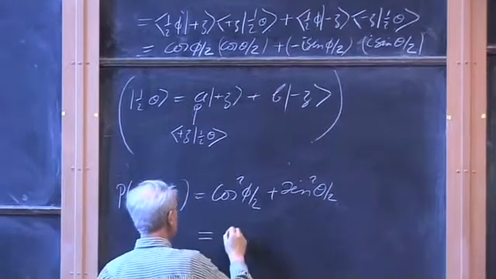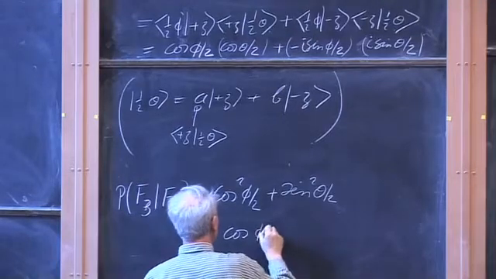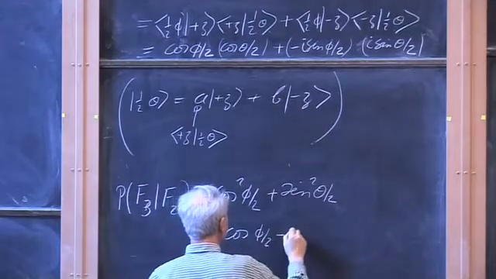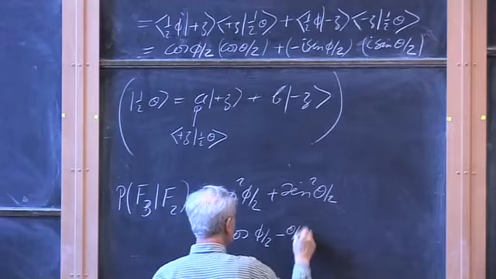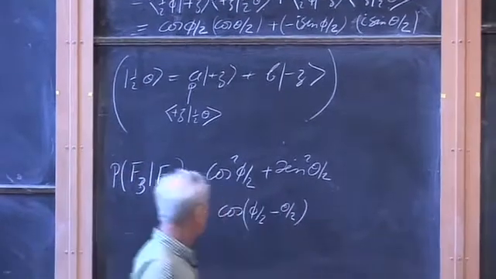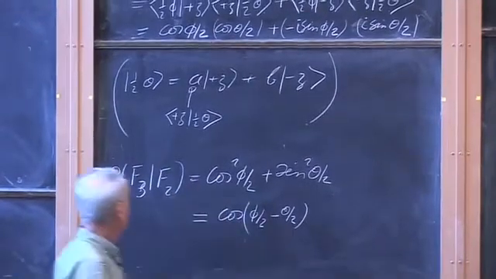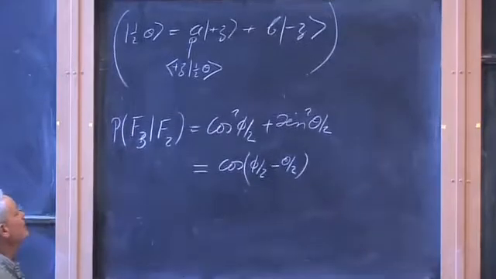Which is also known as cos of phi over 2 minus theta over 2, I think, by trig formulae. So does this make sense?